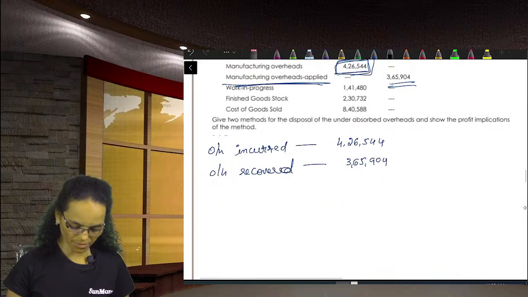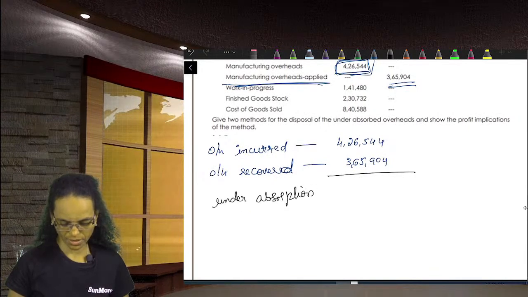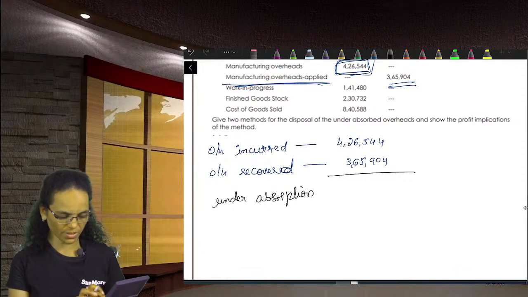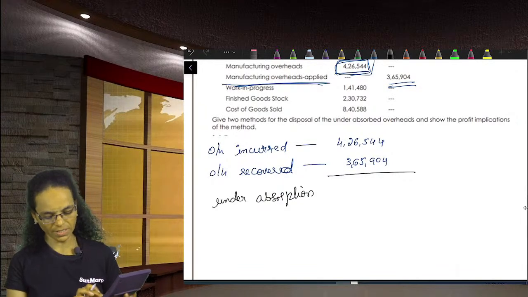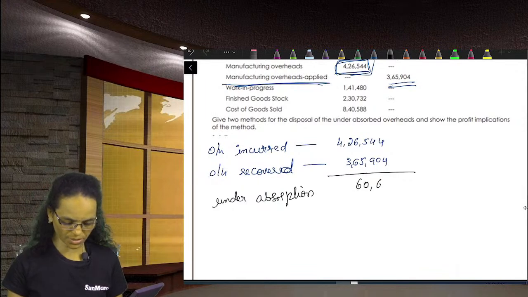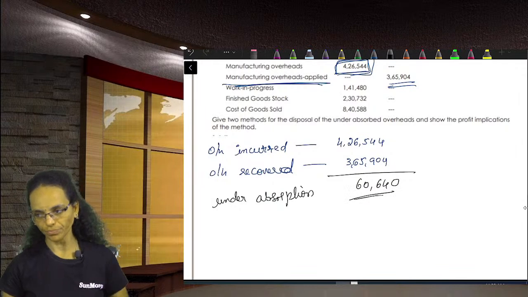There is an under absorption. 4,26,544 we have incurred, but we have recovered only 3,65,904 rupees. That is 60,640 rupees is the under recovery of overheads.